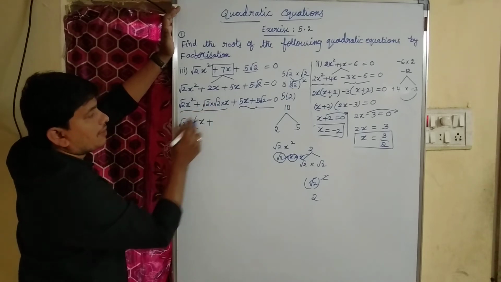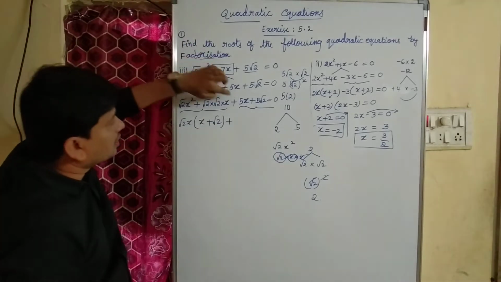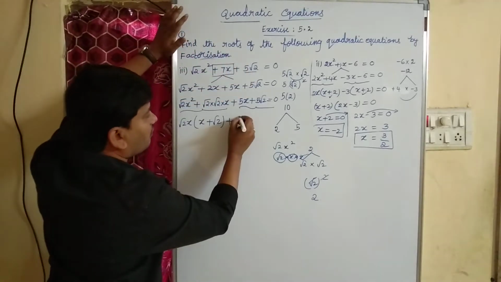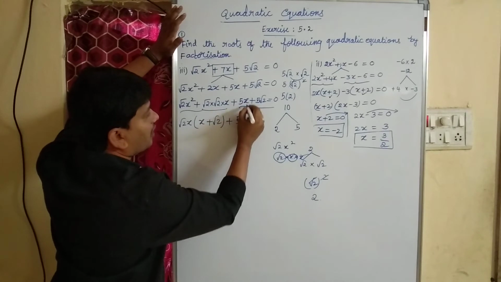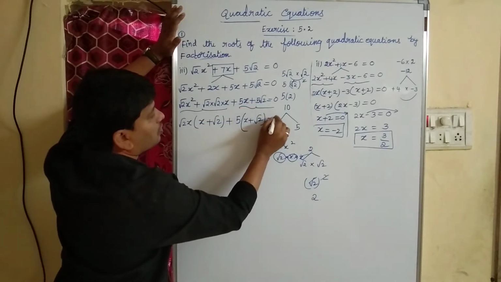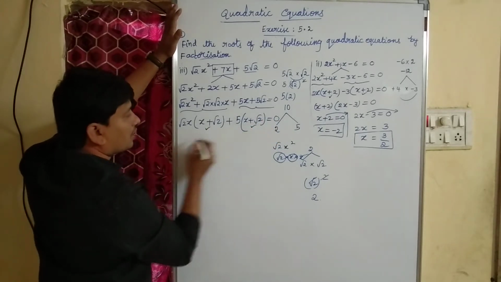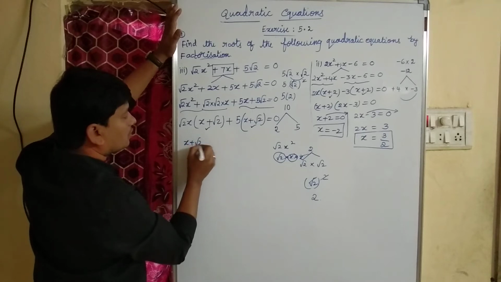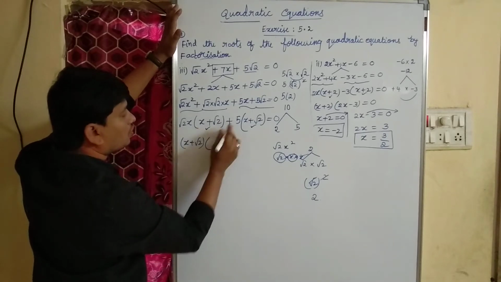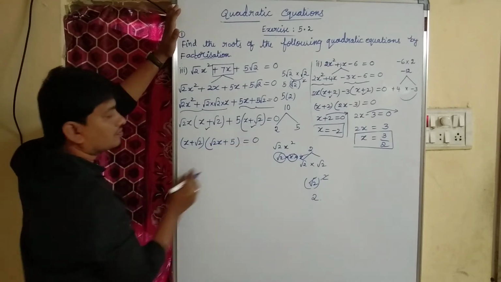Root 2x we took common, one more root 2 over here. Plus, here I can take 5 as common. If I take 5 as common, I have here x and also root 2, which is equal to 0. Now what is the common here? The common is x + root 2 into root 2x + 5, which is equal to 0.